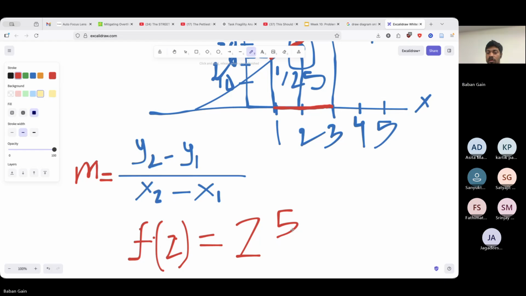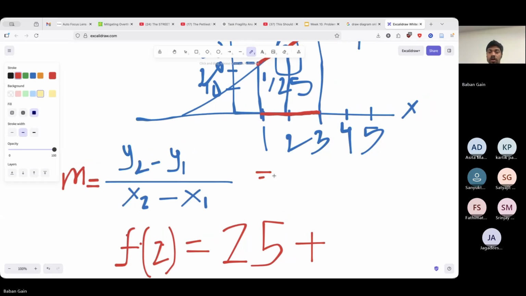plus m. The value of m here will be 40 minus 25 divided by 3 minus 1, right? So it is 15 divided by 2, which is 7.5.